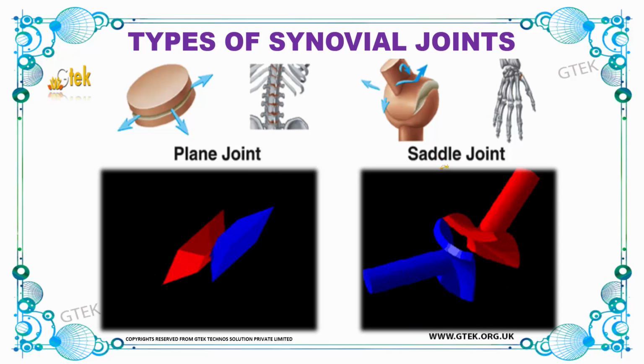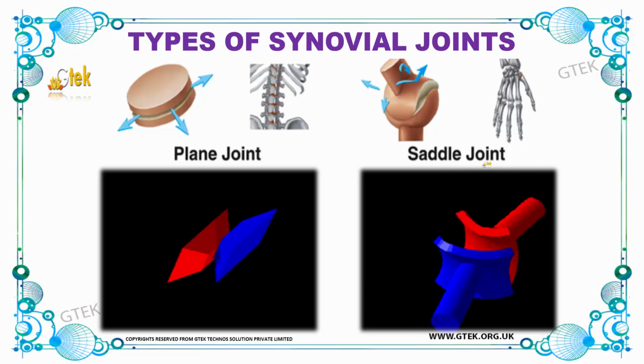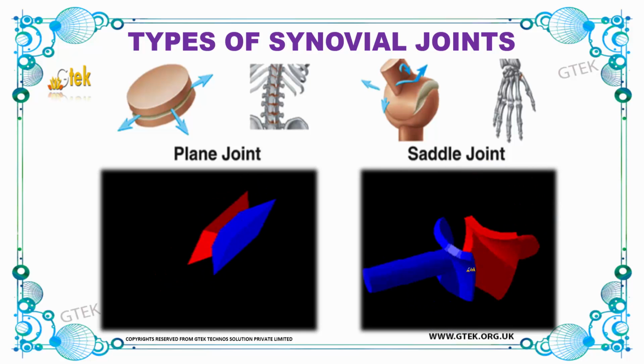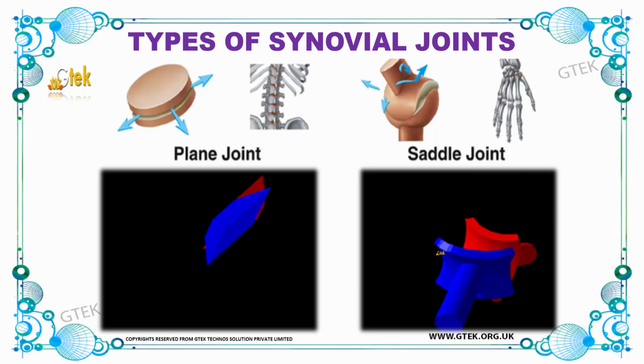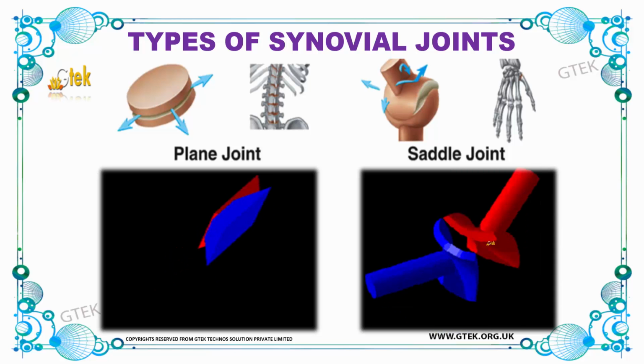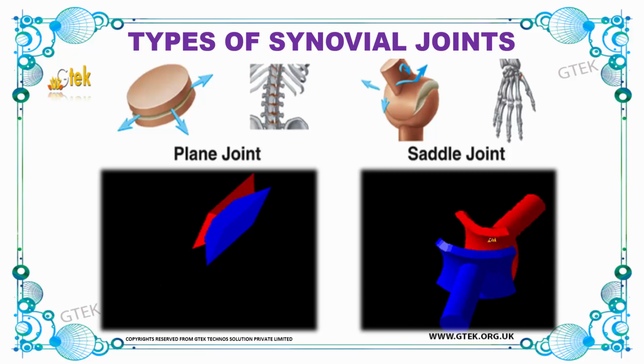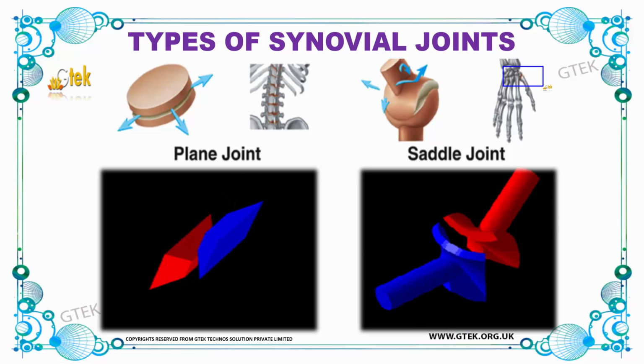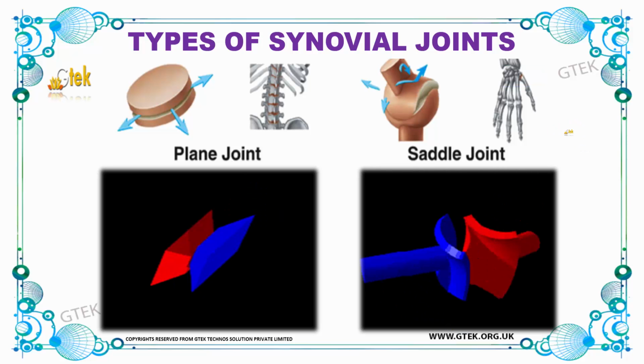Our next joint is saddle joint. So in saddle joint, we have the movement as left and right and up and down, as you can see over here. So this can be found in your hand. These type of joints.